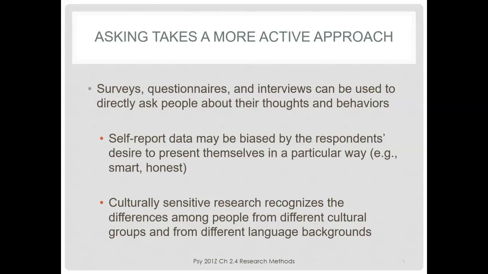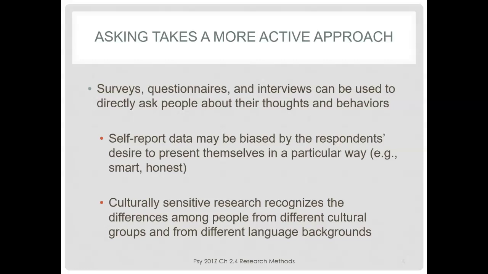So we're asking people to share their thoughts and opinions with us. As I said, we all want to be helpful with research, which is one of the reasons we become subjects. Let's help science. But you're being watched, and people skew their answers when it comes to this kind of thing because they believe they should be seen in a certain light.